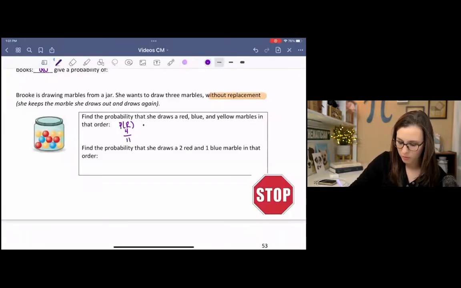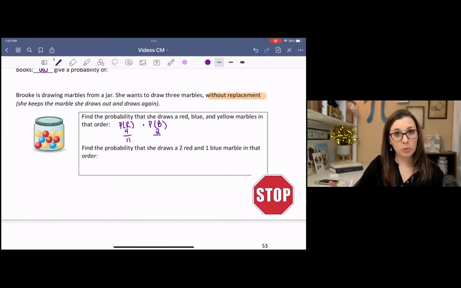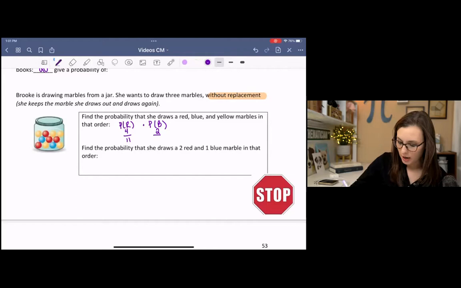And means multiply. The probability of drawing a blue marble, there's 2 out of, now if she drew a marble, it doesn't matter what color it is. If she drew a marble, and she kept it out because she didn't replace it, now there's only 10 marbles. And then and means multiply.